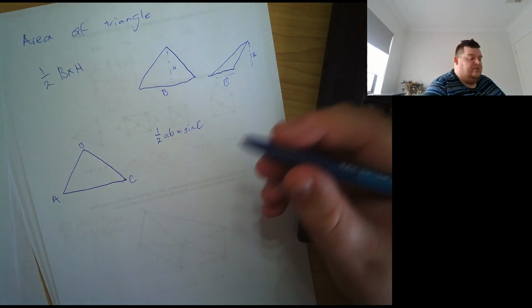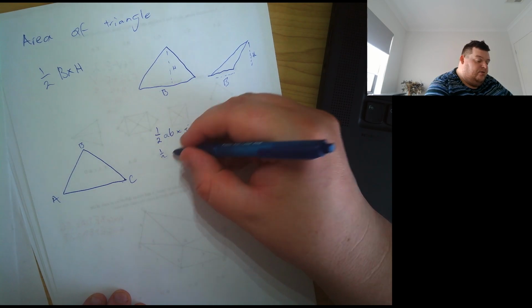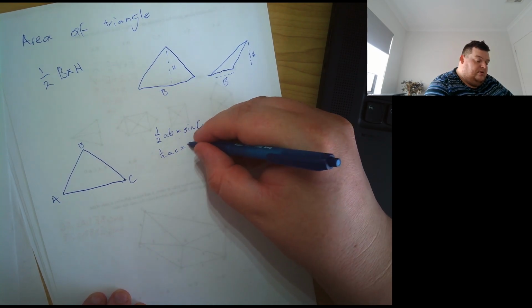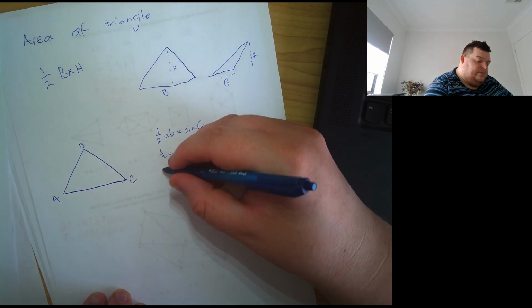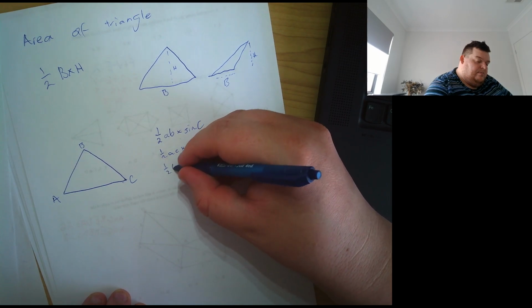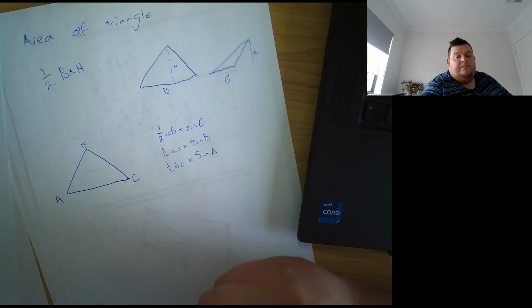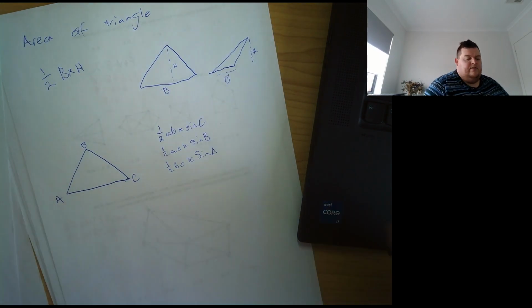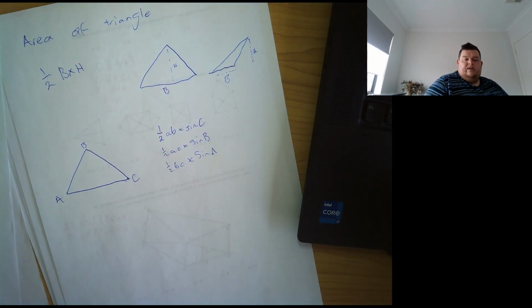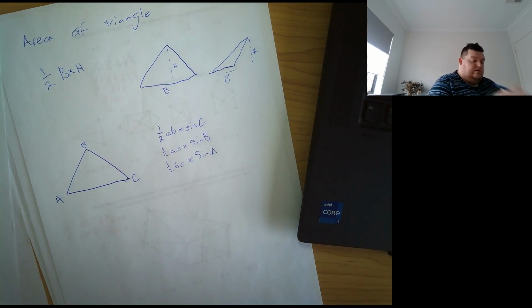I tend to use the same one, but I will write out all three just in case you would like that. Half BC sine A. So any of those are fine. The whole idea is, if you have a triangle, I'll just make up one.